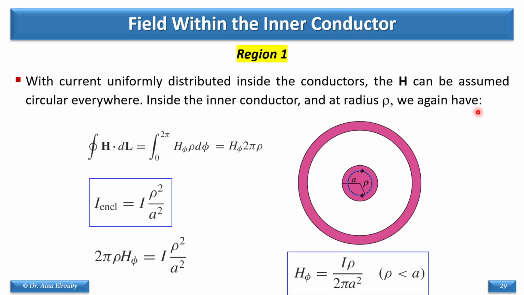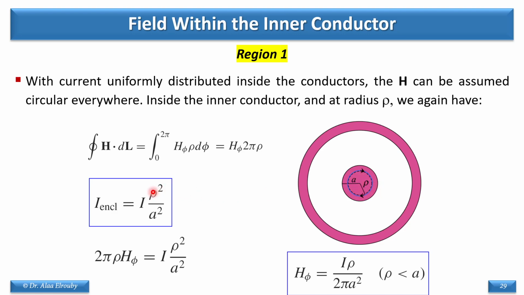Okay, now we'll start to do a more difficult one, which is region number 1. Again, we have uniformly distributed current, so there is a symmetry in phi and a symmetry in z. So H dot dl will equal H multiplied by 2 pi rho. Now the issue is how to calculate the current enclosed by this path, by proportionality or by calculating the current density.